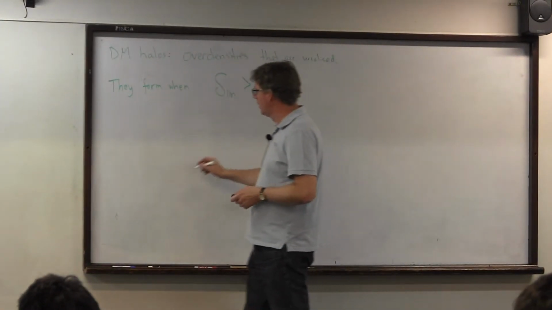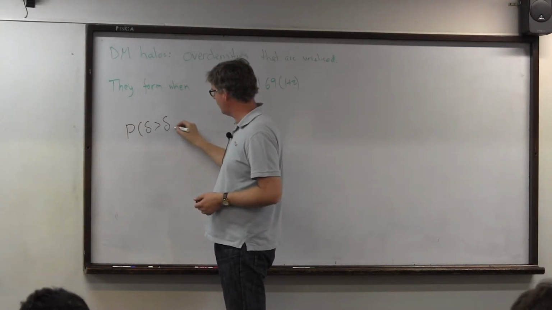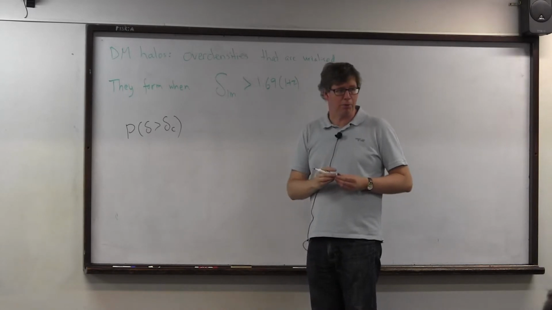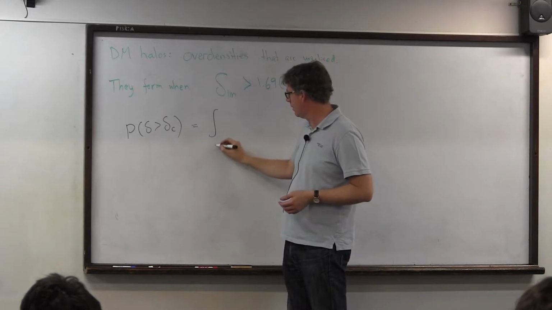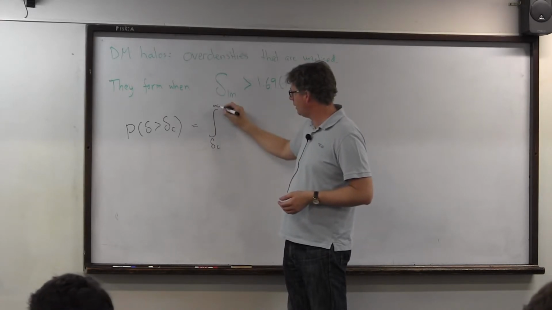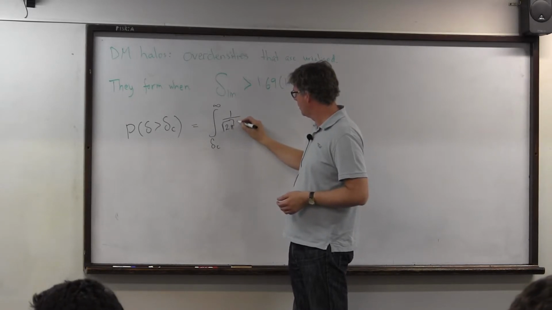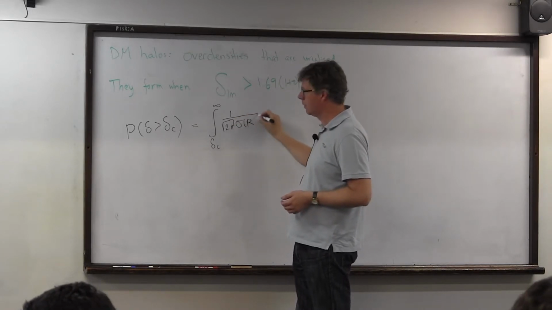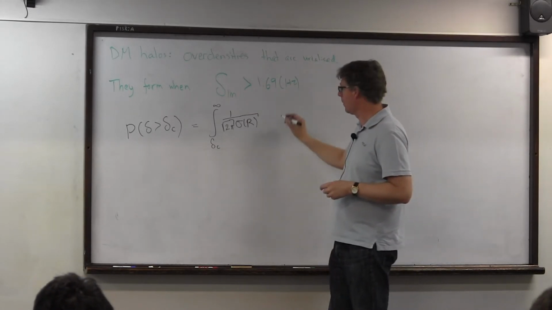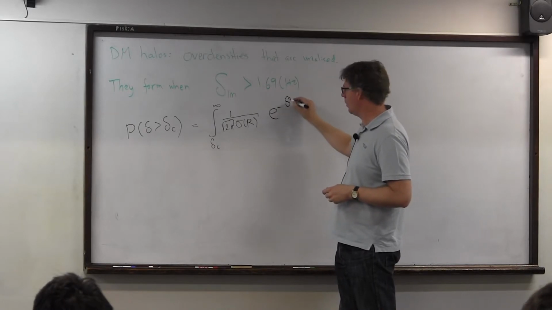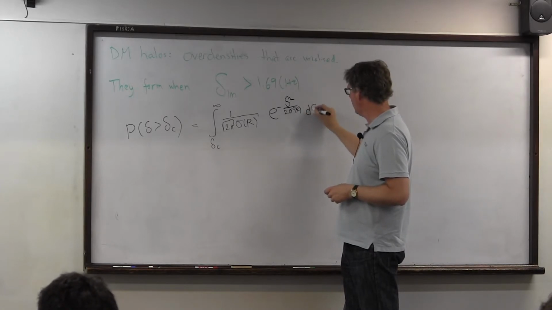The P of delta greater than some delta cutoff is an integral from the delta cutoff to infinity of 1 over square root 2 pi sigma of r, or I could use sigma of m, they're equivalent, e to the minus delta squared over 2 sigma squared of r, d delta.